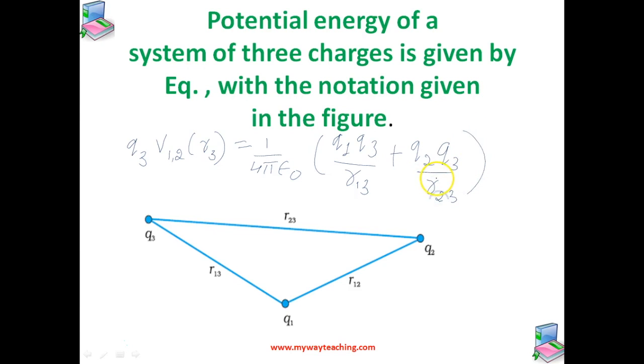by R23. The total work done in assembling the charges at the given locations is obtained by adding the work done in different steps, isn't it?